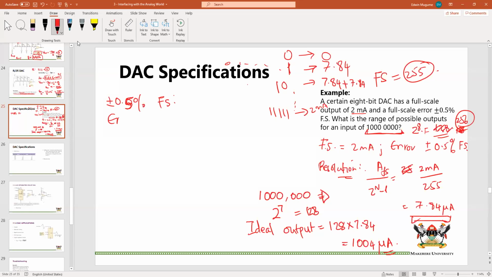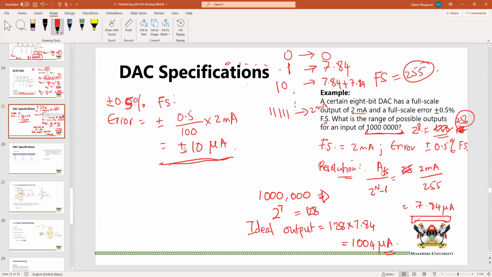We know then that the error is equal to plus or minus 0.5 over 100 times full scale, which is 2 milliamps, and that should give us plus or minus 10 microamperes. This is the size of the error, because it is plus or minus 0.5% of the full scale.